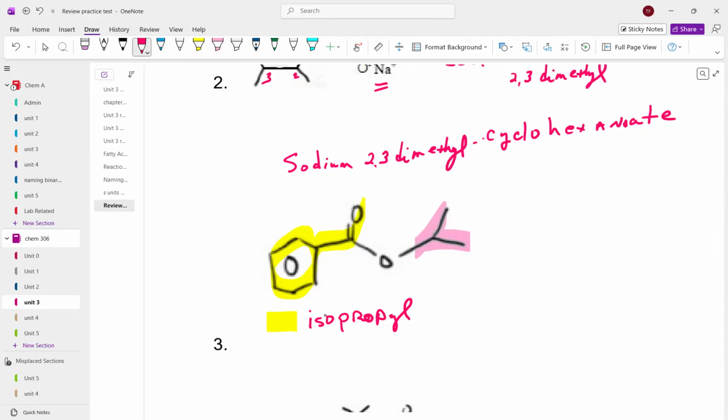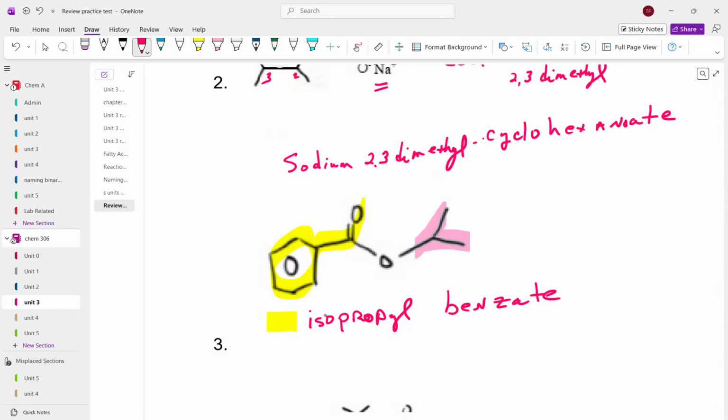And again, this is going to be based on benzoate. So the alcohol is going to be isopropanol. So that's isopropyl. And then the acid is a benzoate.